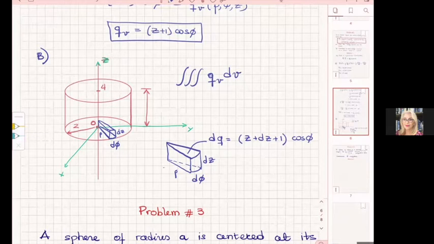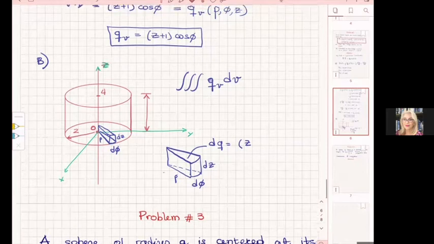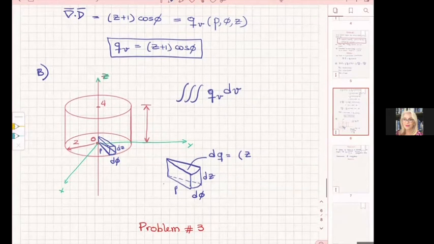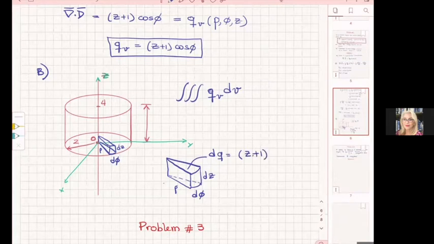In fact, the way I will do it is, wait a second. No, that's not exactly right. I will do it even one step easier. I will assume that this is so small in terms of d phi and dz. So practically dq there is going to be z plus 1. I will assume that this is not going to change. Z plus 1 times cosine phi, because d phi and dz are very small.